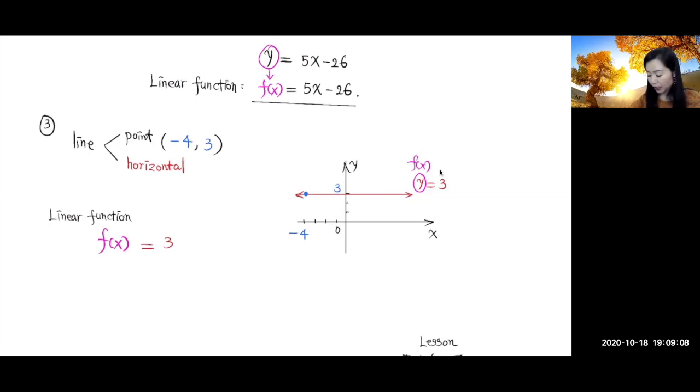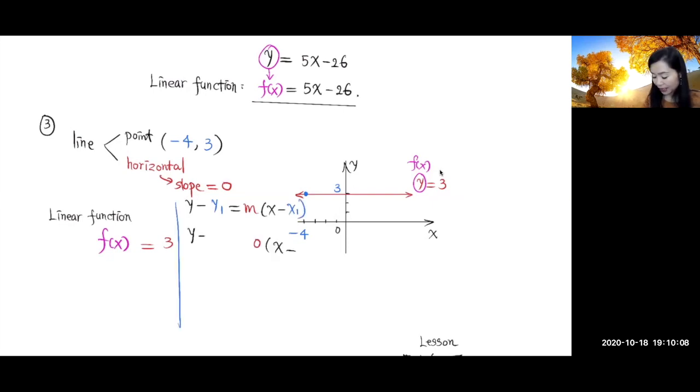Now, if you don't graph this, you can also use the point-slope form to write the equation. When it's horizontal, the slope will be equal to 0. So you have y minus y1 equals slope times x minus x1.